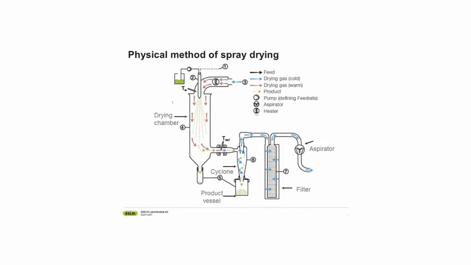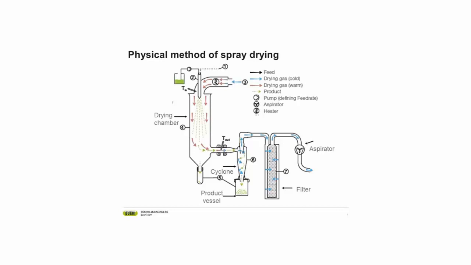Then, in order to dry it, we bring in an airflow of hot air that dries those small droplets of sample little by little as they go down the drying chamber, and the dry powder is collected in the product vessel after passing through the cyclone.